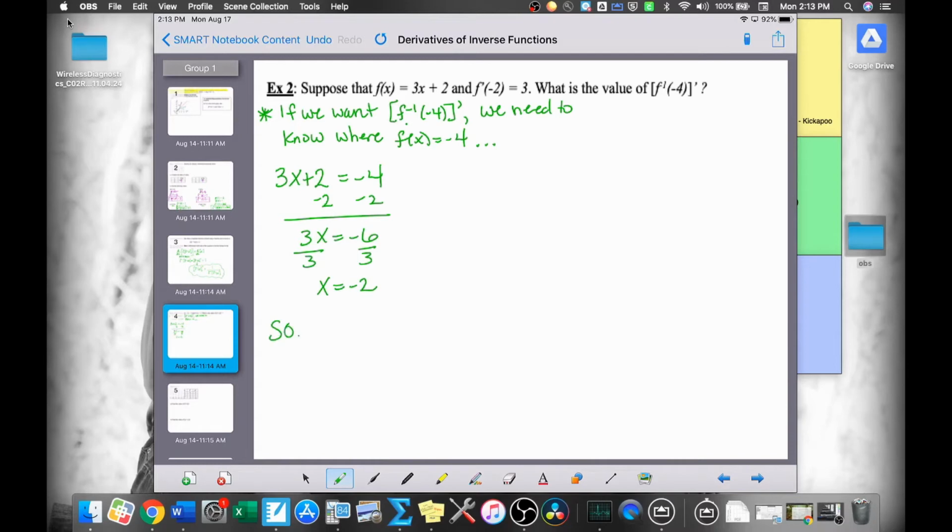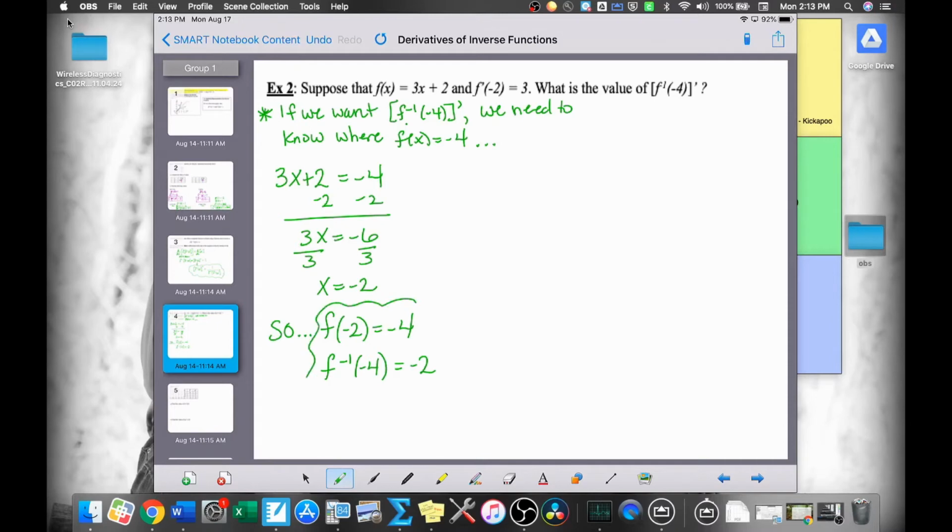So we just found out an important relationship that we need, and that is that f of negative 2 is negative 4, and that means that f inverse of negative 4 would be negative 2 because of the relationship of a function and its inverse, its domain and its range flip-flop.